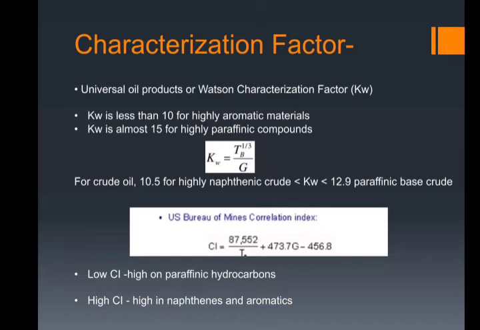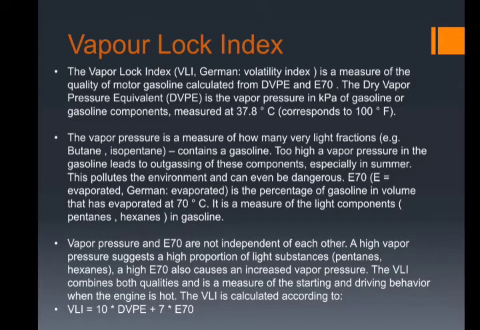So our next topic is vapor lock index. The vapor lock index, in short VLI, or in Germany the volatility index, is basically a measure of the quality of motor gasoline calculated from DVPE and E70. Now the question arises: what are DVPE and E70?